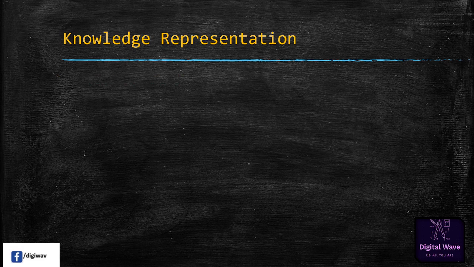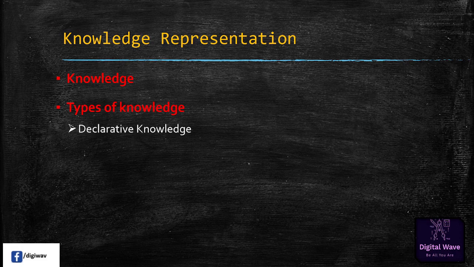Now we will see the meaning of knowledge. Knowledge is awareness or familiarity gained by experiences of facts, data and situations. In artificial intelligence we have some types of knowledge, and we will discuss every type step by step. The first one is declarative knowledge.